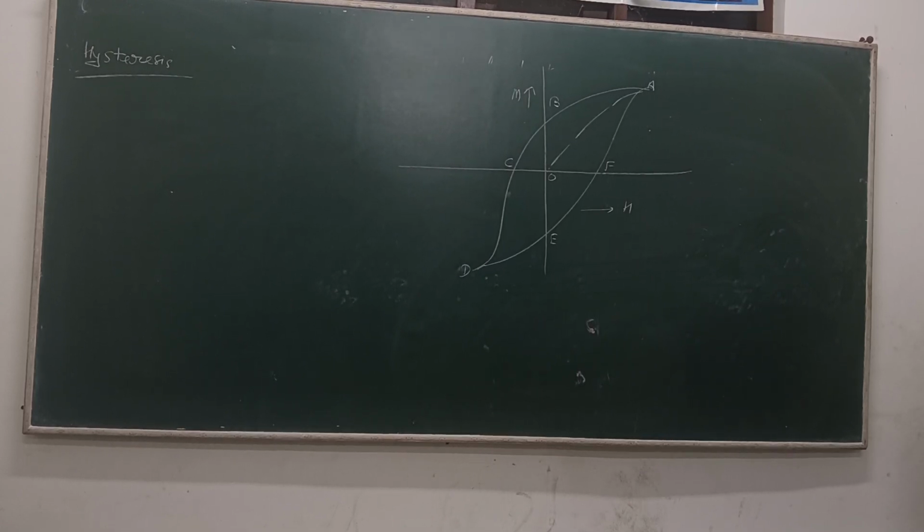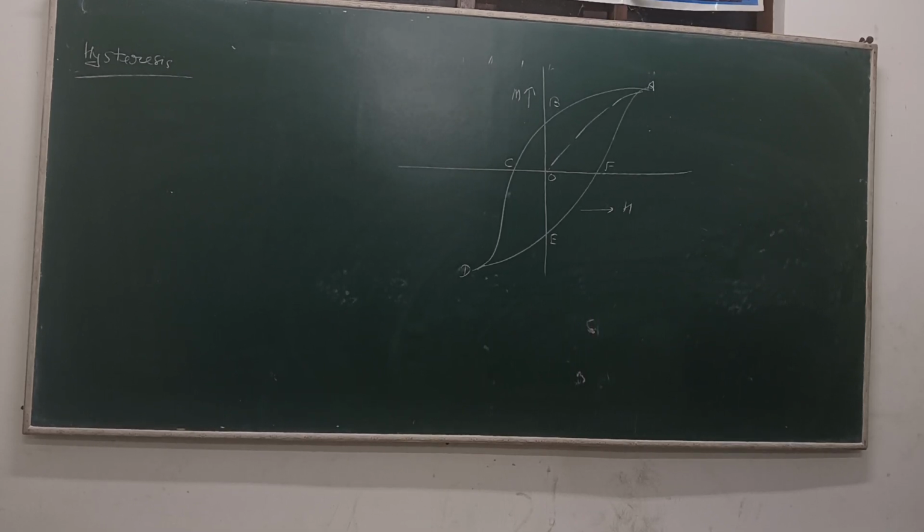If a gradually increasing magnetic field H is applied to an unmagnetized piece of iron, the magnetization increases non-linearly until it reaches a maximum, if M is plotted against H. A curve OA is obtained. This is known as the magnetization curve.